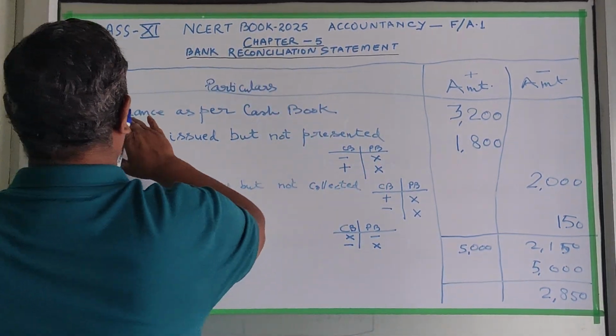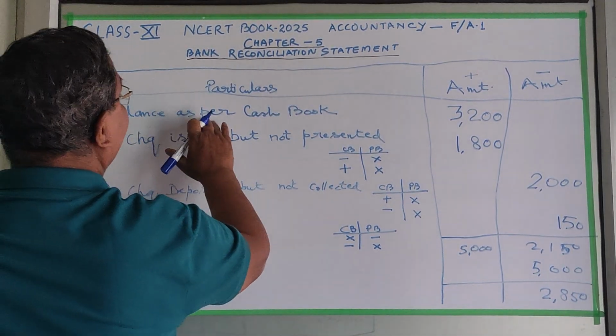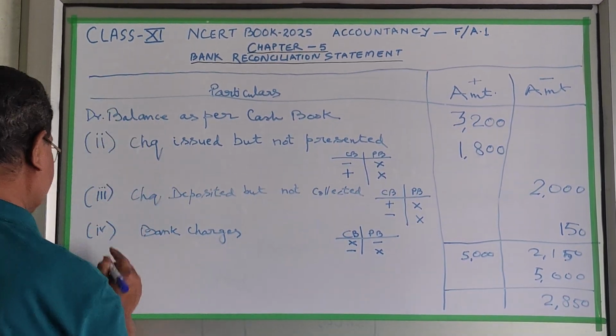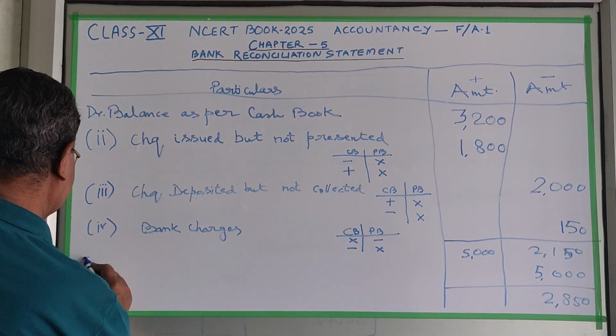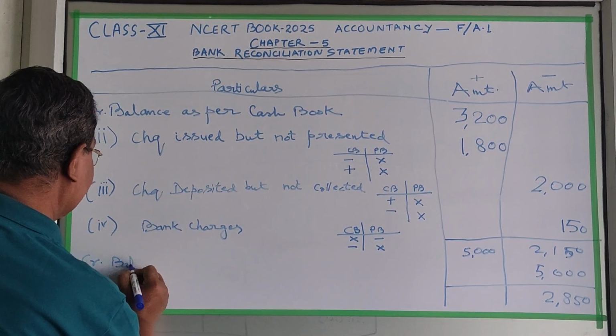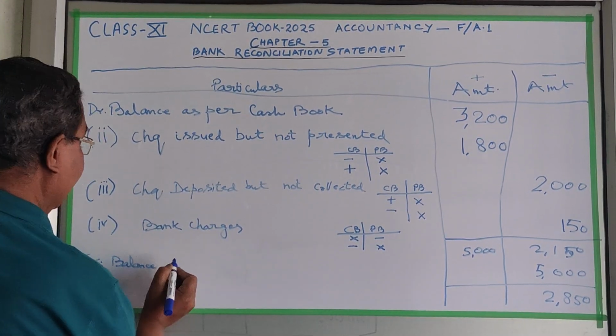So if it is a debit balance as per cash book, the answer will always be just the opposite of it, meaning a credit balance.